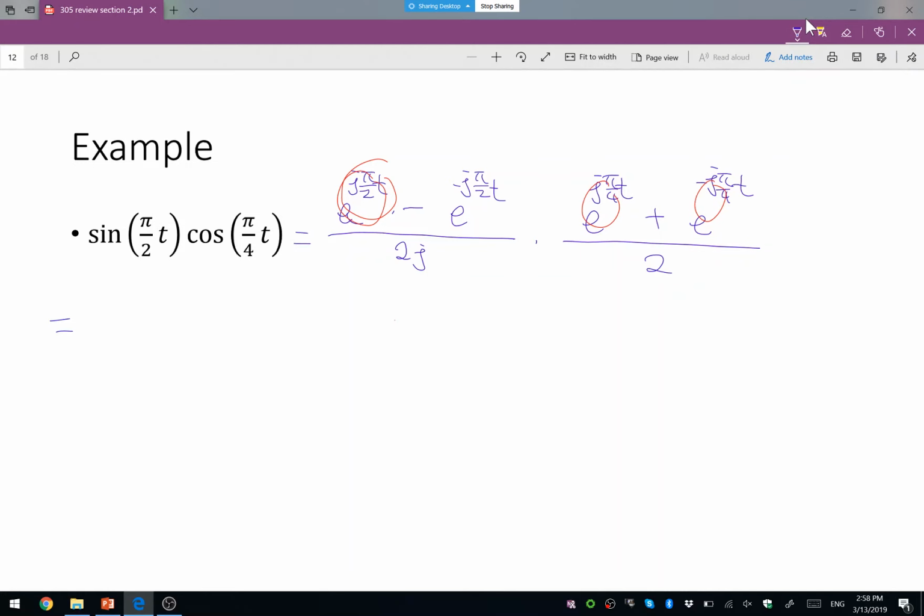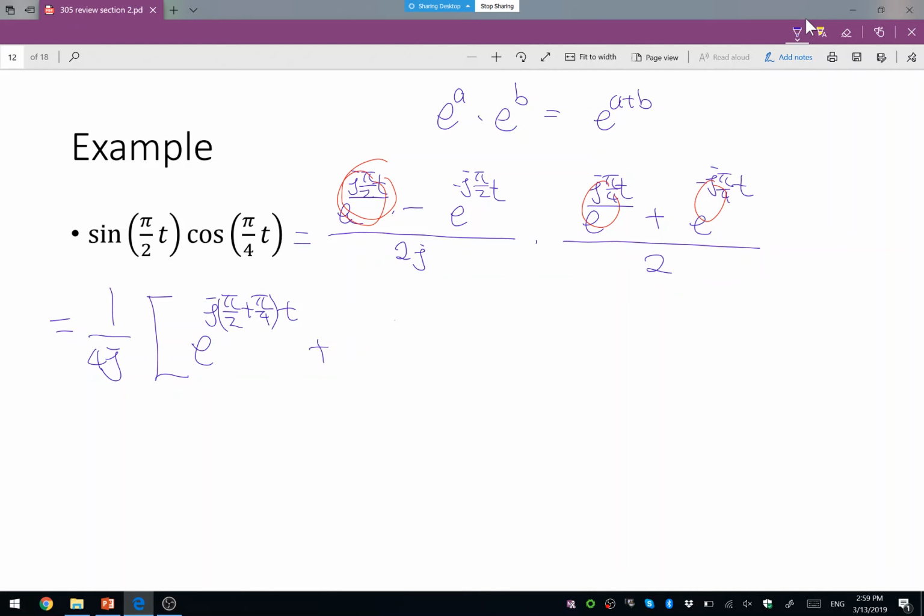So this is equal to, let's take the 2j and 2 outside, so here is 4j times. Here is e to the power of j pi over 2 t multiplied by this one, and e to the power of a times e to the power of b is actually e to the power of a plus b. So we have this one plus this one: j times pi over 2 plus pi over 4, times t.